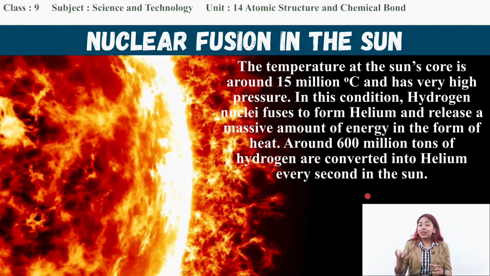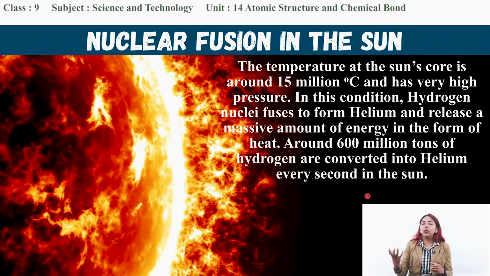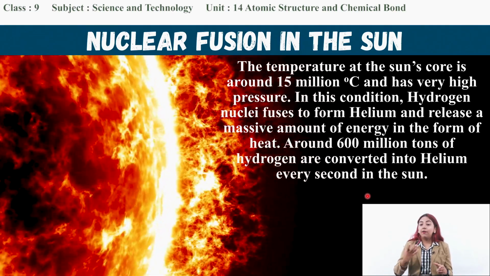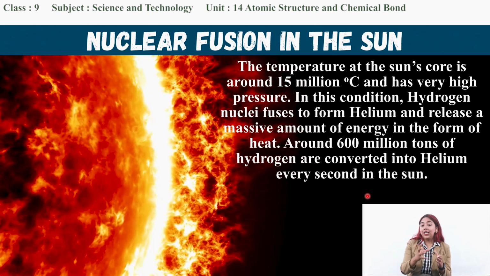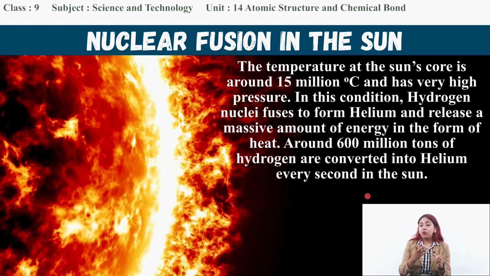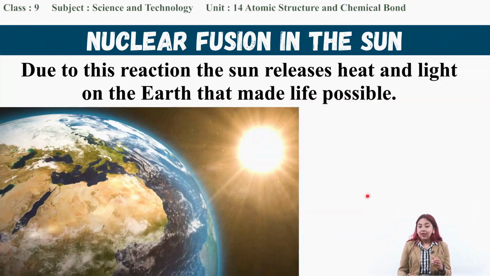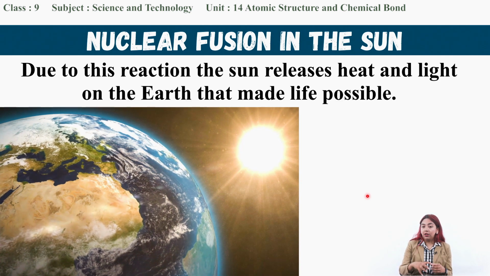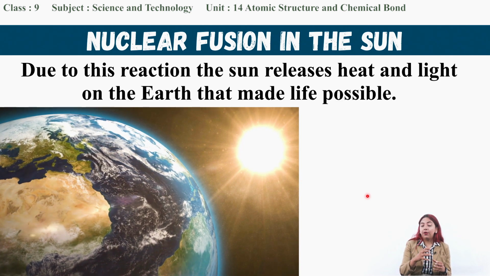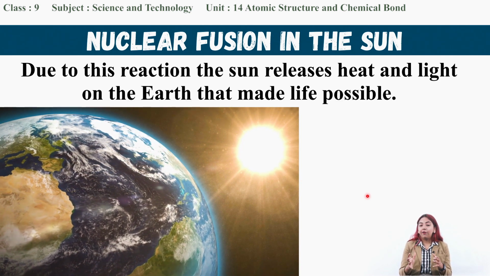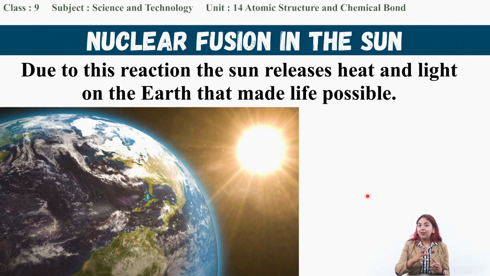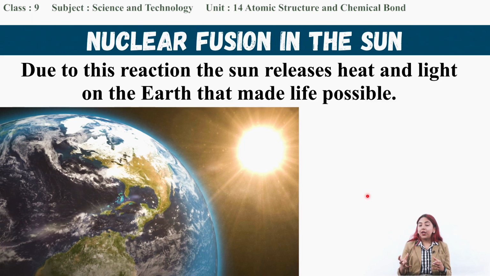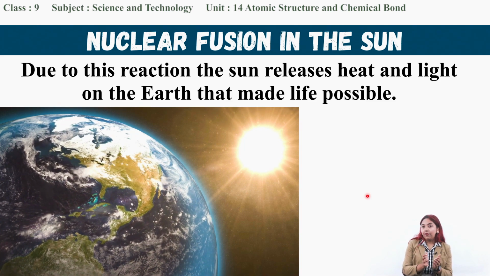In every second, 600 million tons of hydrogen is being converted to helium in the sun. And this heat that the sun produces due to the nuclear fusion reaction reaches the surface of the earth. This heat and light from the sun made life on earth possible.